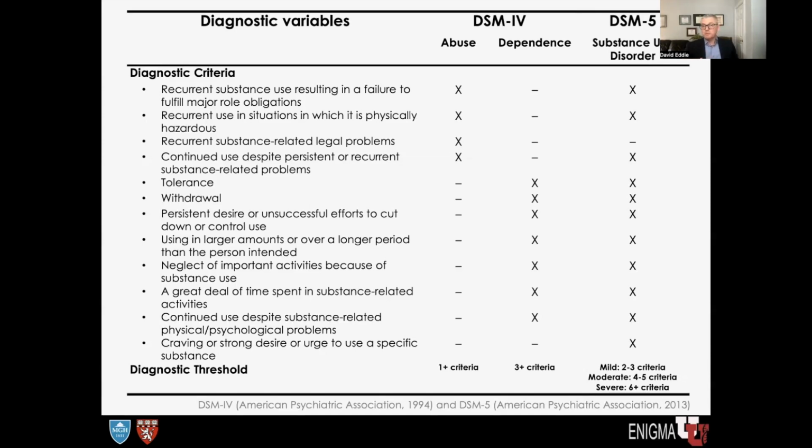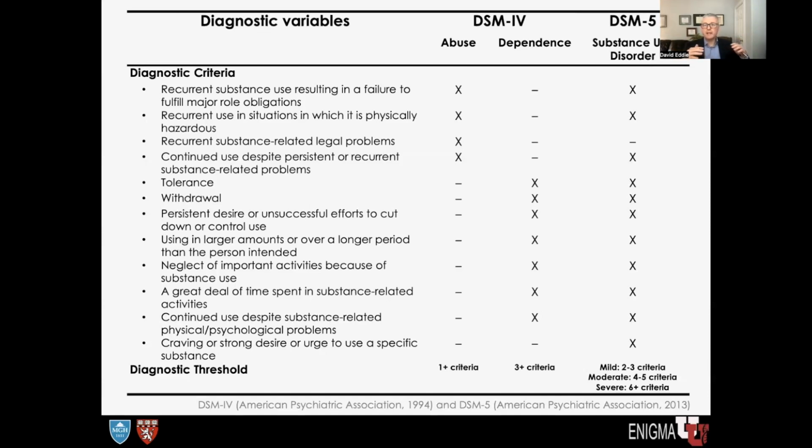Now, there were some problems with this diagnostic framework, and that's why we changed in DSM-5. First up, we don't really talk about people as abusing substances anymore because it's really, really stigmatizing, and I'm going to talk about that shortly. So that's one of the reasons. Another reason is it was felt, and many still believe now, that our bar for diagnosing a substance use disorder is just too low.